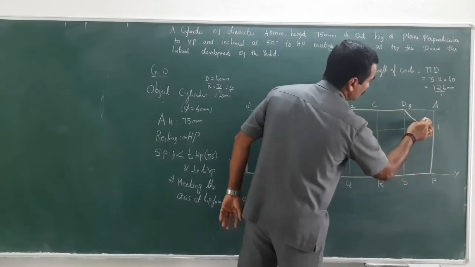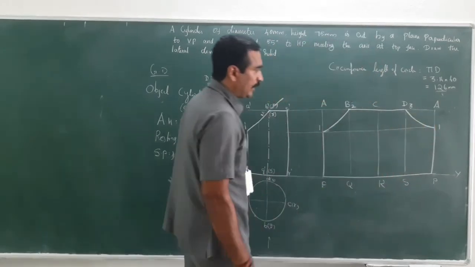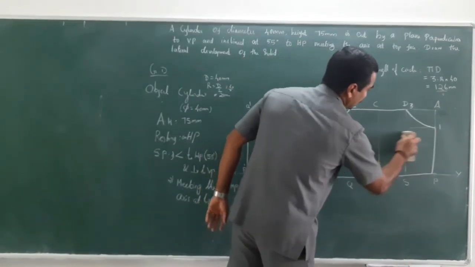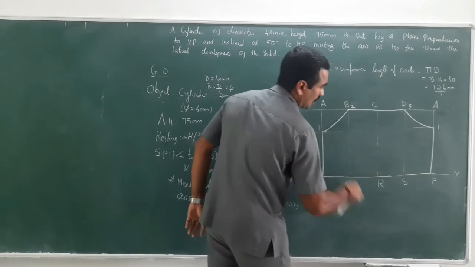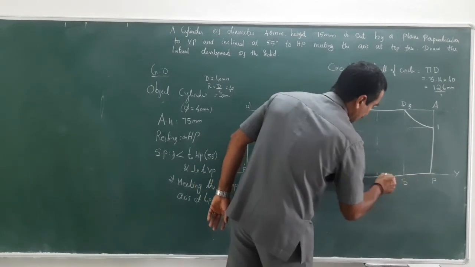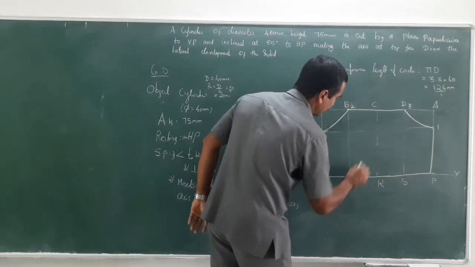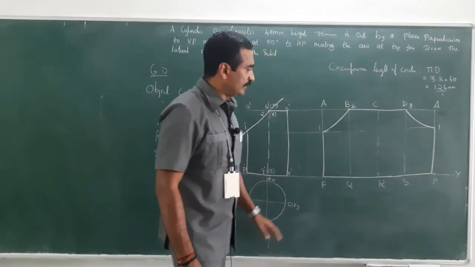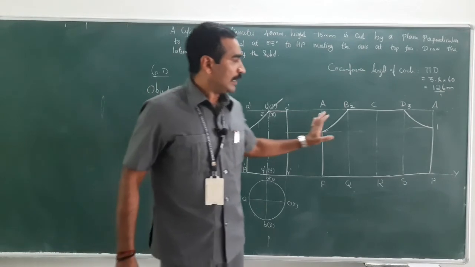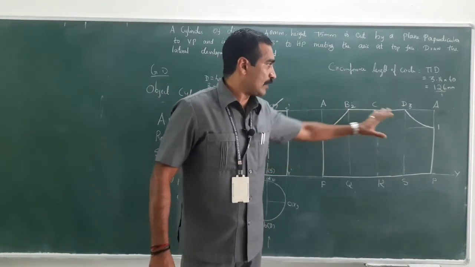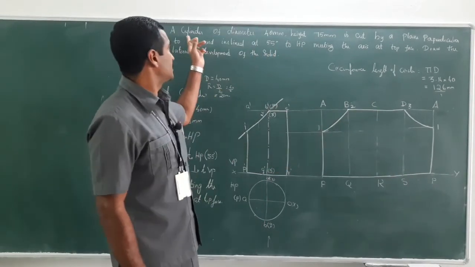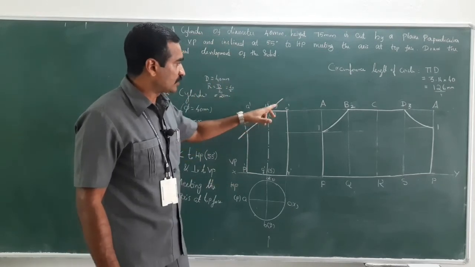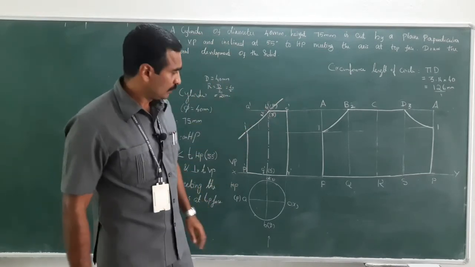So don't overdraw anything. And what about these lines? It doesn't have any vertical edges or corners or edges. Therefore, it should be drawn as very thin line. So with this, I have finished the development of lateral surfaces for this cylinder with the cutting plane inclination of 55 degree.